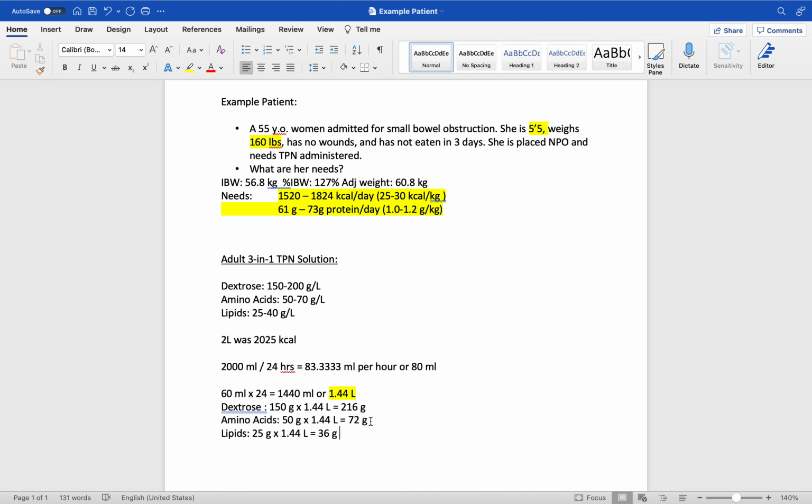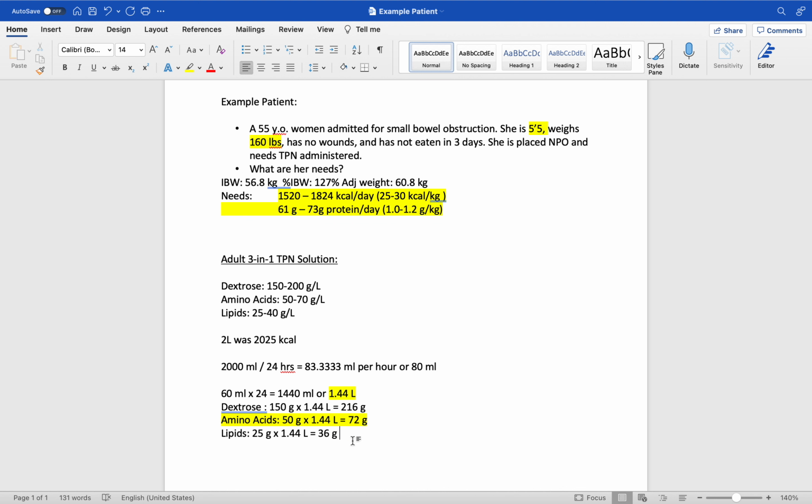Now, something I want to note right here is that for the amino acids, after I did my calculation, I started with the 60 milliliters, which got me to my liters, so 1.44 liters in a 24-hour period. I did my 50 grams times that liters, and I got 72 grams of protein or amino acids. My protein needs are 61 to 73 grams per day. So I'm right where I want to be with my protein.